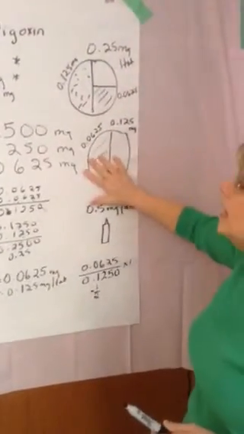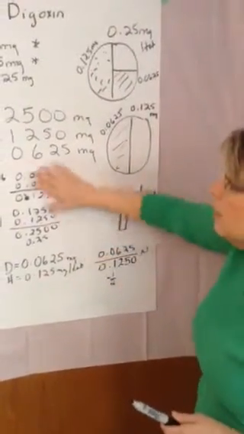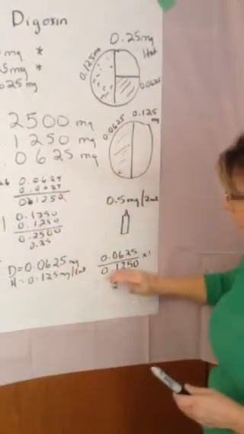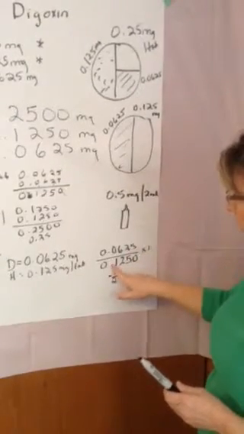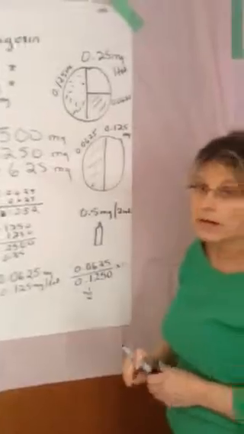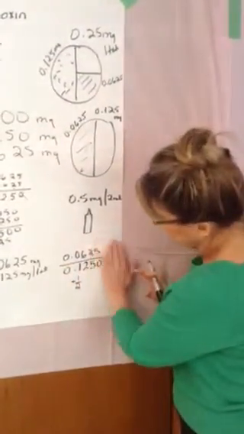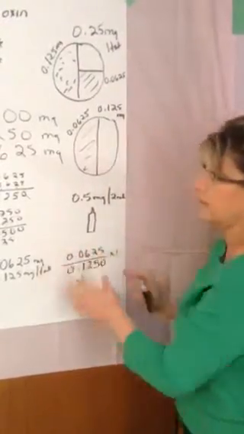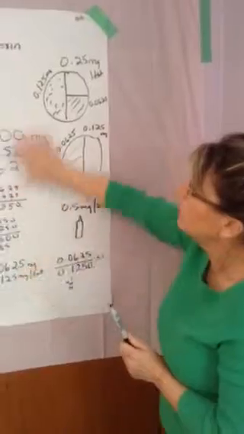So it would be a good idea to do a cue card. You can still check with your math, but it makes this so much easier than trying to divide 0.0625 by 0.125. And believe me, you can do it, but you're more apt to make a mistake than if you look at that and you go, oh yeah, I've got that memorized. I know that. And so I think this will help you with digoxin.